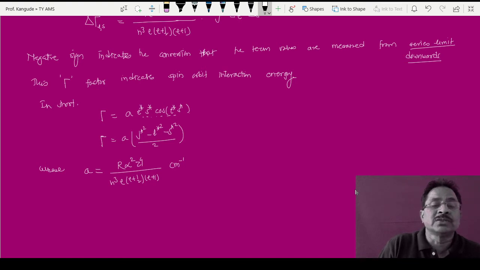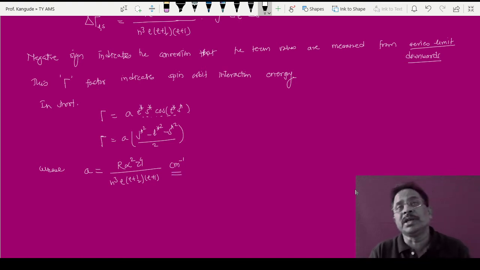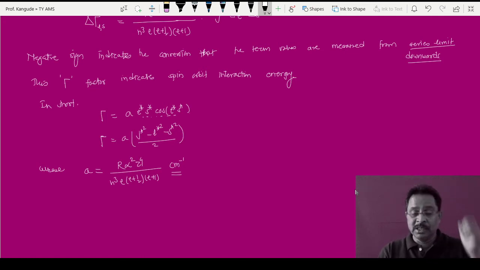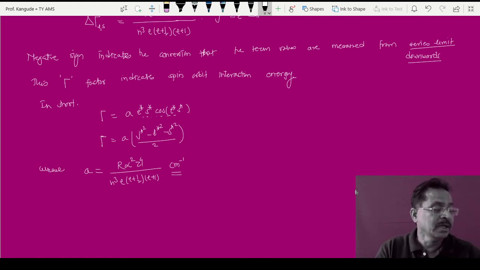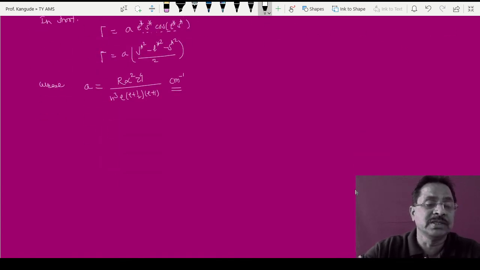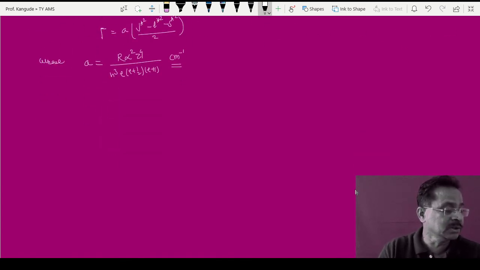Wave number always has dimensions of meter raised to minus 1 or centimeter raised to minus 1. This is a number per centimeter. That's why centimeter raised to minus 1 is the unit of this constant, given as A. Okay, now we will just complete the derivation and come across another point.